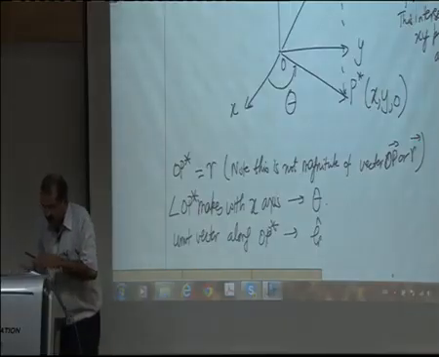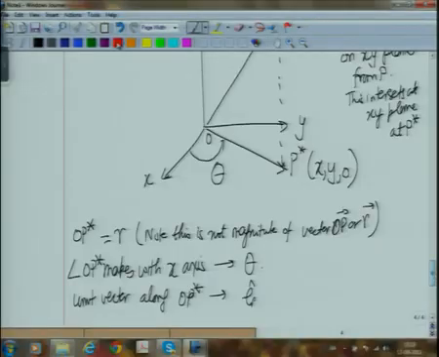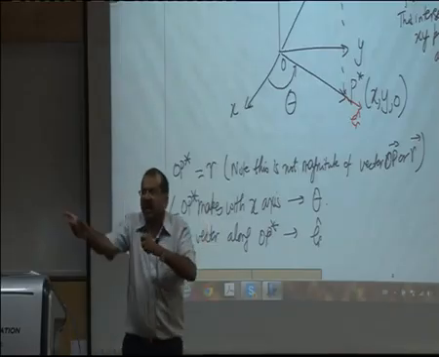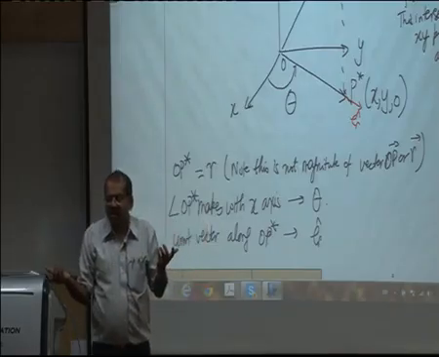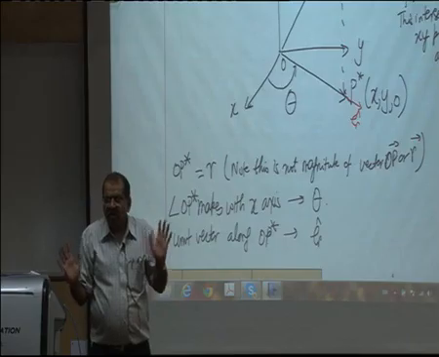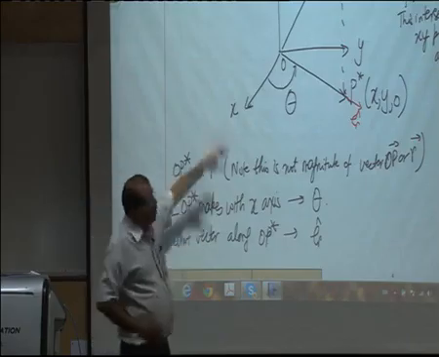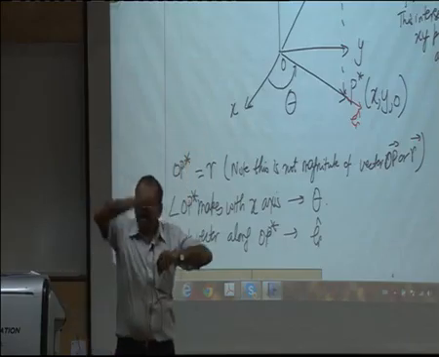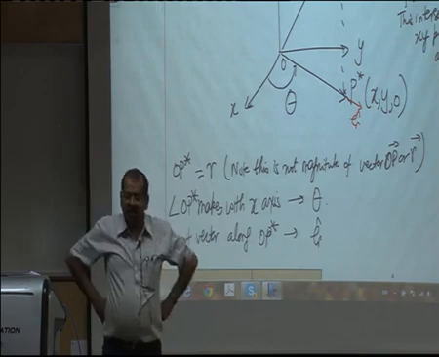Let me show this now in a different color. So a vector here of unit length is ER. I could place it anywhere, either at O or at P star. It is a vector in that direction of length 1. Okay, so this is my ER vector. Now what will happen as the point P moves?